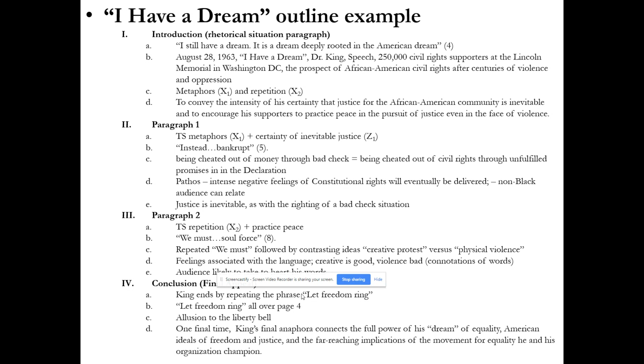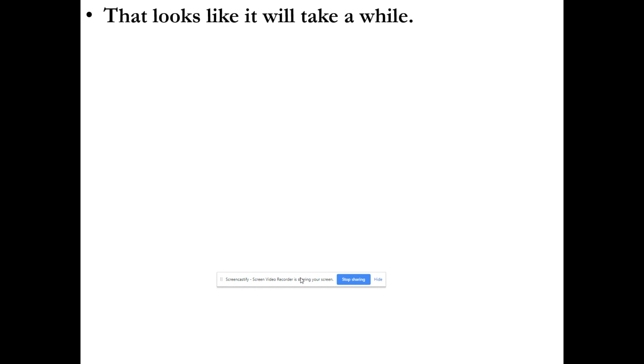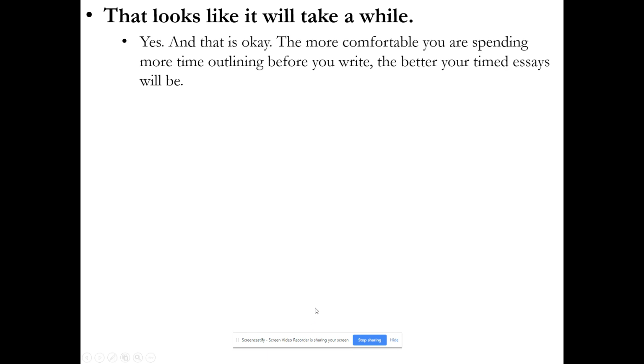Alrighty, so let's see here. Moving this out of the way. All right. So you might be thinking, wow, that looks like it'll take a while. Yes, that's true, and that's actually okay. So the more comfortable you are spending more time outlining before you write, the better your timed essays will turn out.